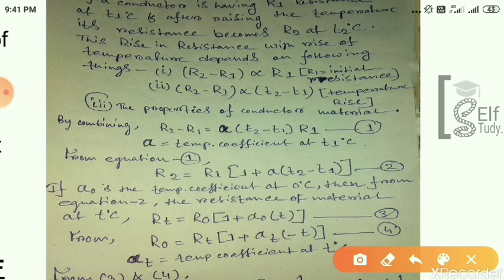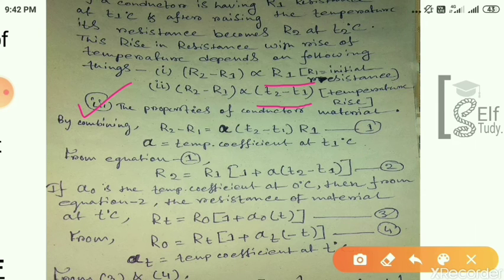And the second point is the change of resistance is directly proportional to the change of temperature, which is T2 minus T1. The initial temperature was T1 and after the rise of temperature it becomes T2. And the third point is the properties of the conductor material, which means the specific resistance.